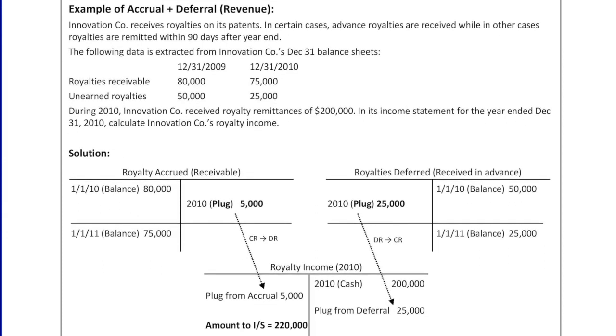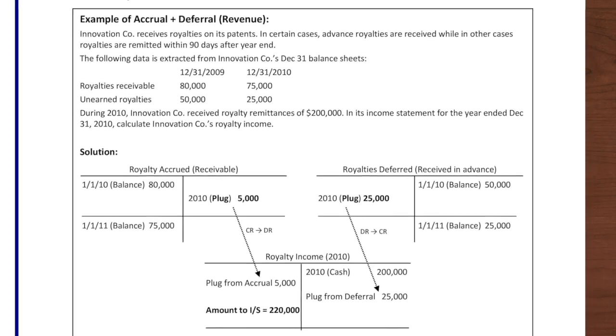So guys, one thing for you to realize in case of deferrals is there is no income statement impact yet, because for revenue, deferred revenue is revenue received in advance, not yet earned, so not recognized on the income statement. For deferred expense, it's paid in advance, but expense is not yet incurred and hence not recognized on the income statement.